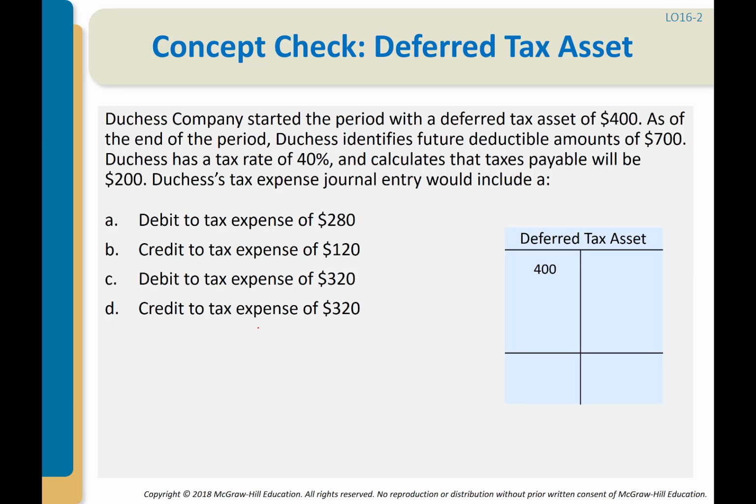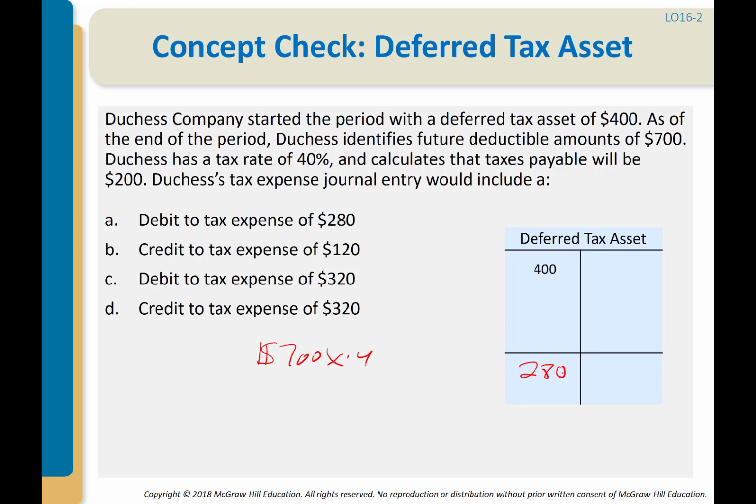So how much do we need in the deferred tax asset account as our first step? How much do we need? $700 times 0.4, because we've got future amounts of 700. And so we need in here 280.